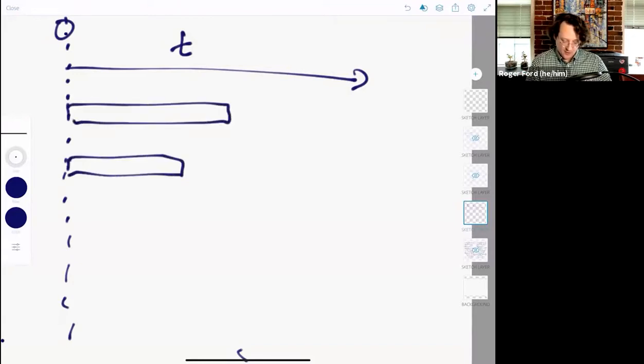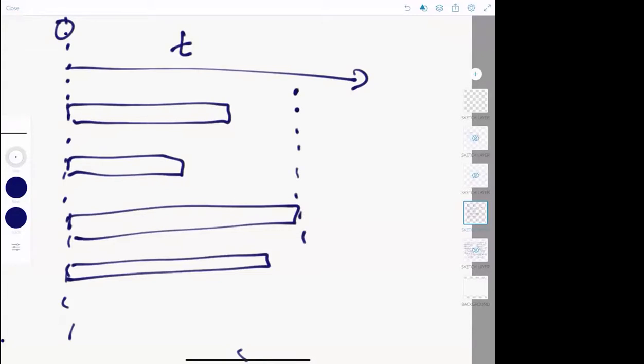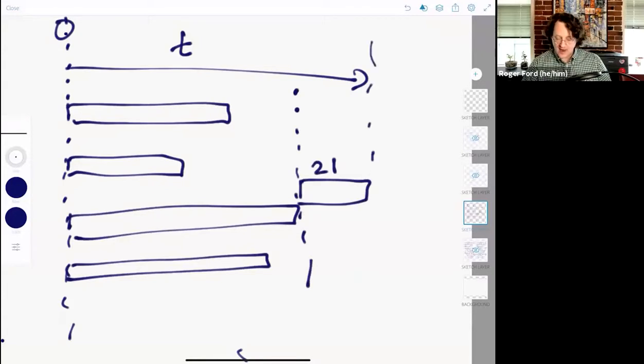let's say they all live these random amounts of time, right? I take the longest one and I add 21 more years to it. And by the end of that timeline, I have to know for certain that all of my contingencies have been resolved. Meaning there has to be no more uncertainty.